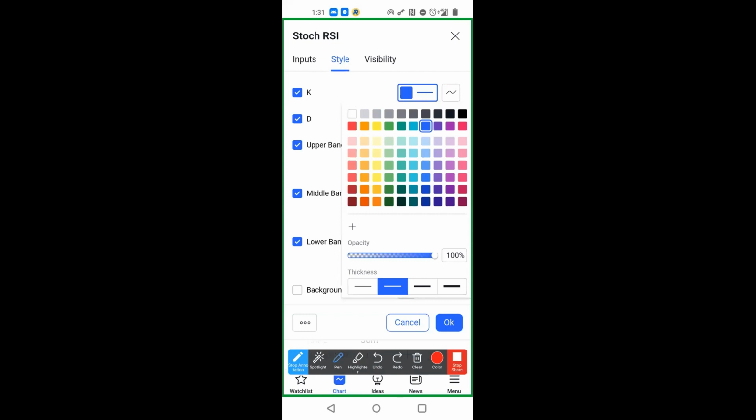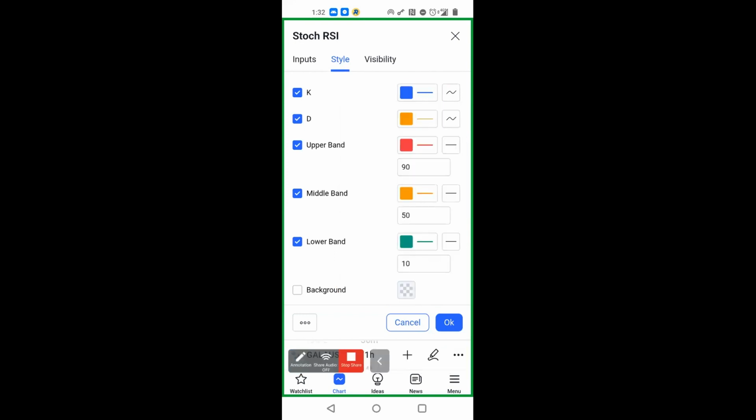Don't over thicken it, but the second thickness box is good. You can leave the D.